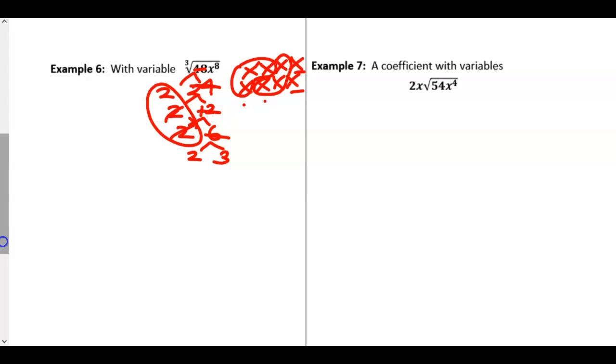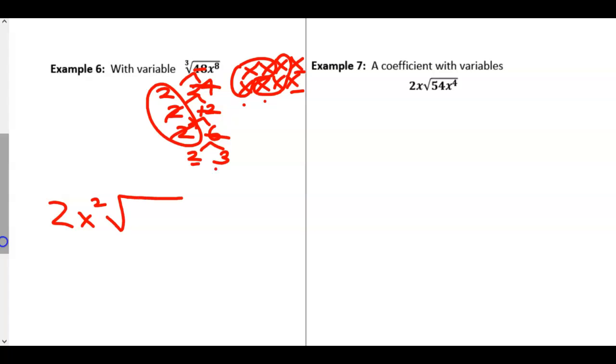So that means x to the what power? 2, okay? Now, I have a pair of 2 and x. So what's going to go outside? 2, and then we said x and x makes x squared. So 2x squared, check it out. Square root, what are my loners?